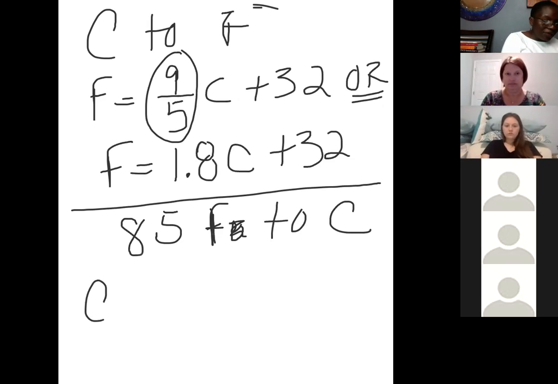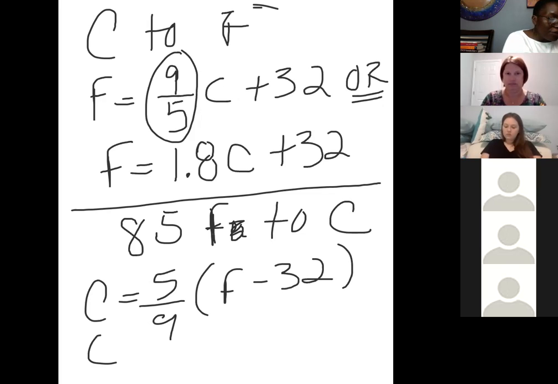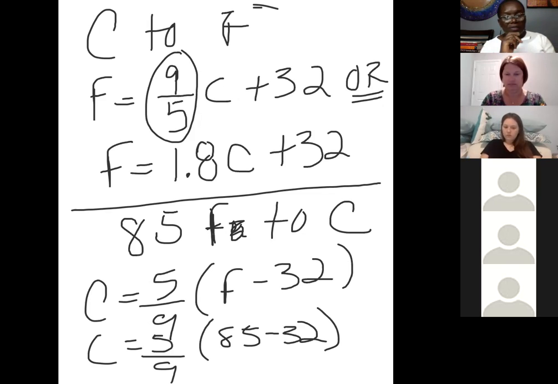So for this one right here, we would go to our little formula. We'd do C equals 5/9 of F minus 32. So you would do 5/9 times 85 minus 32 and work it out. Now, guys, you've got a fraction in there, so be careful when you plug this into your calculator. Do not round these until the end. So for this one, you would do the 85 minus 32, okay? 85 minus 32 leaves you with 53.